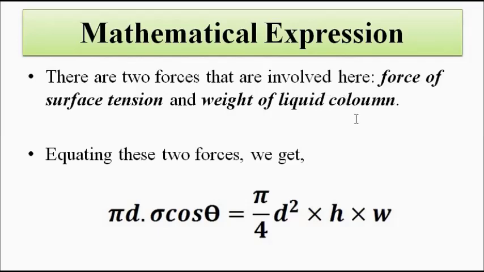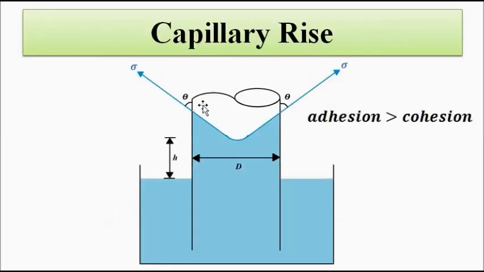The force of surface tension is given by the formula pi d sigma cos theta, because it is the horizontal component which comes into play here.